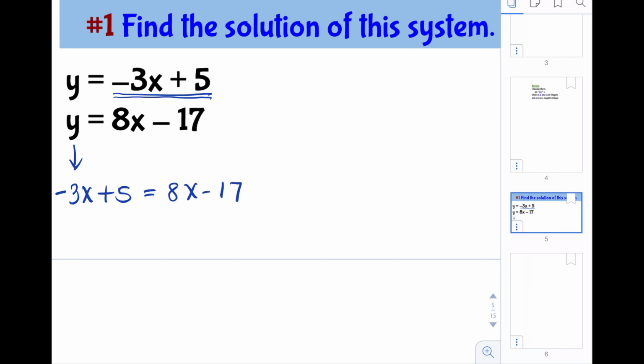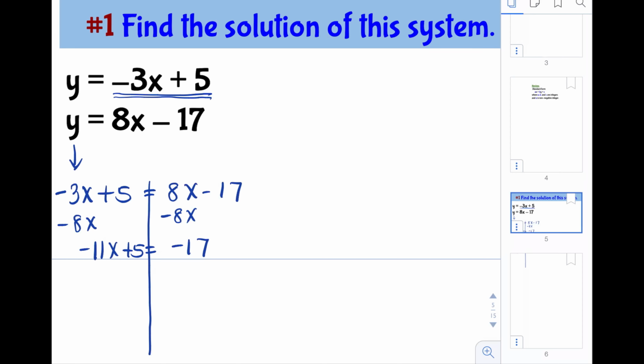And same thing with solving linear equations, we will isolate all the x on the left and isolate the constants on the right side to find the value for x. So this means we need to subtract 8x from both sides. And doing this, we will have a new equation of negative 11x plus 5 is equal to negative 17.